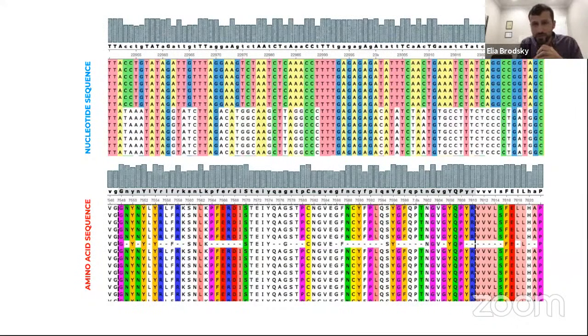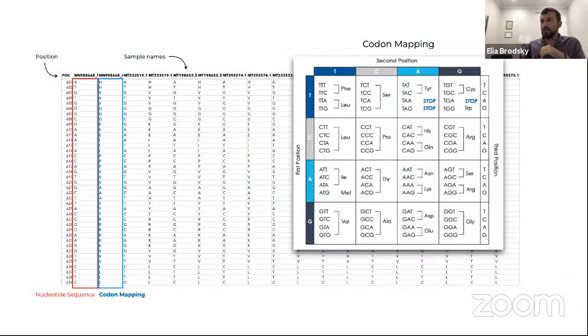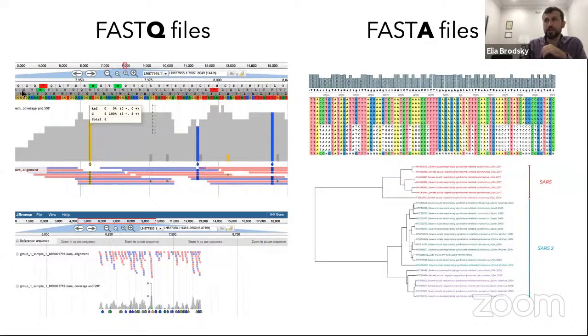I see some questions. Can you explain what is frame shift in reading translated amino acids? Well, a frame shift means that, as you can see right here, this is the reading frame, and you can see that the result of different changes means that the sequence itself of amino acids that are being produced could be changed completely.